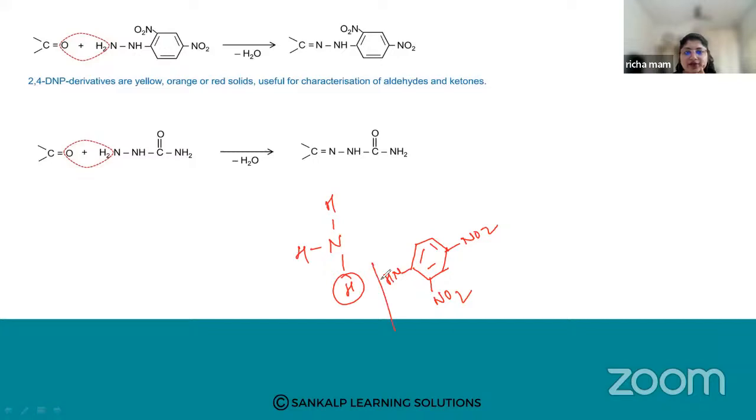So when one of the hydrogens is replaced by this particular group, that is 2,4-DNP, and a carbonyl group reacts with 2,4-dinitrophenylhydrazine, what do you get? You get 2,4-dinitrophenylhydrazone.